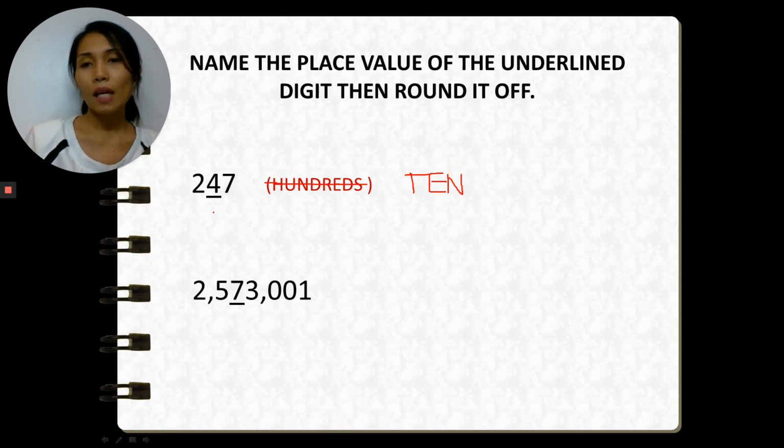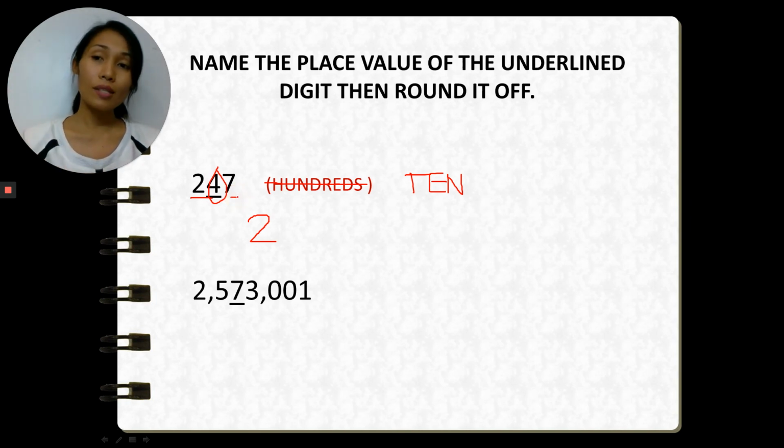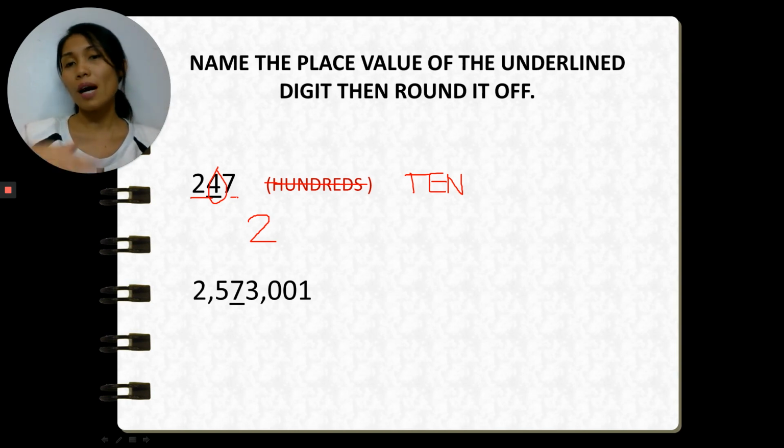Yeah? Okay. So now let's round this up to the nearest 10. Okay, so copy 2 and 4. But before we write down 4, let's decide, are we going to add or just not do anything to 4, round up or round down? Since the next digit is 7, and all numbers after 5 should be rounded up.